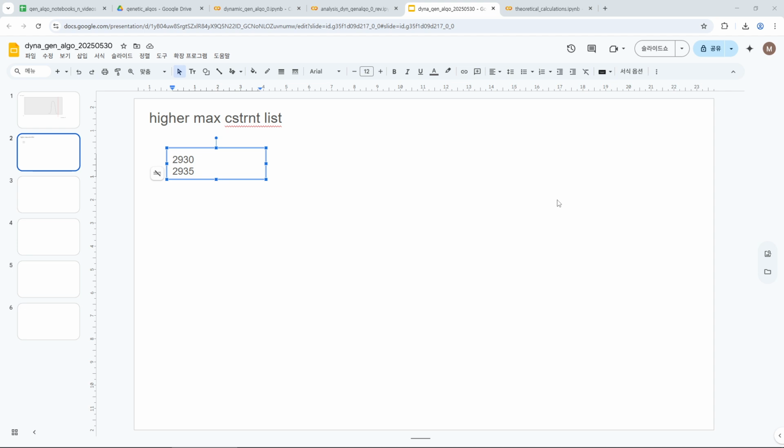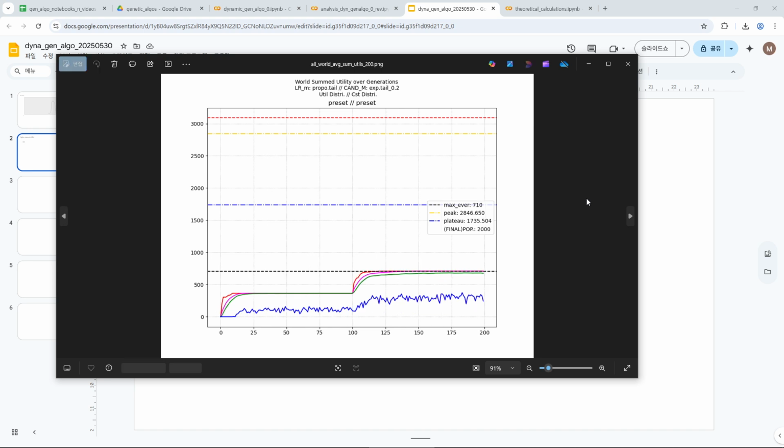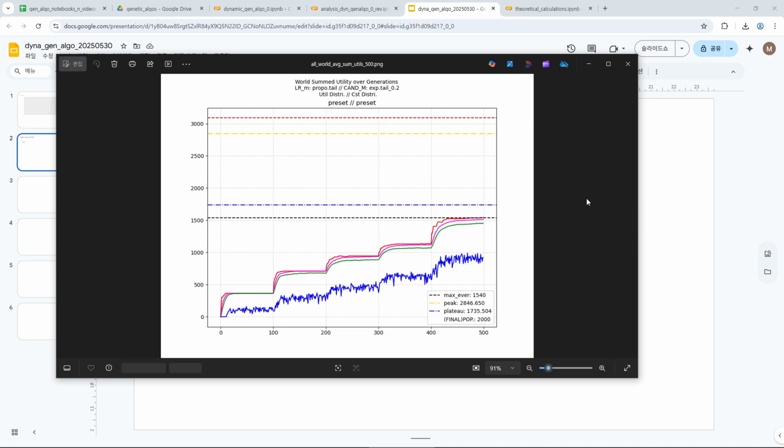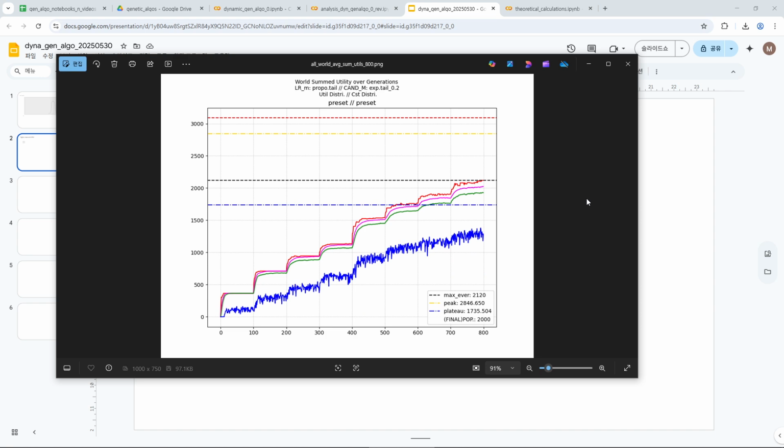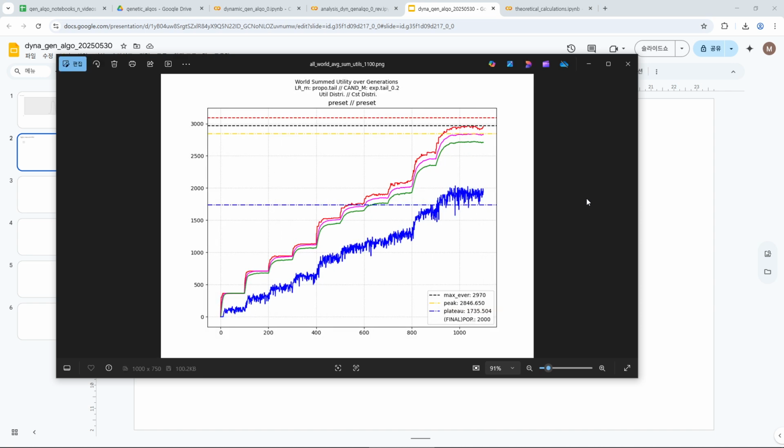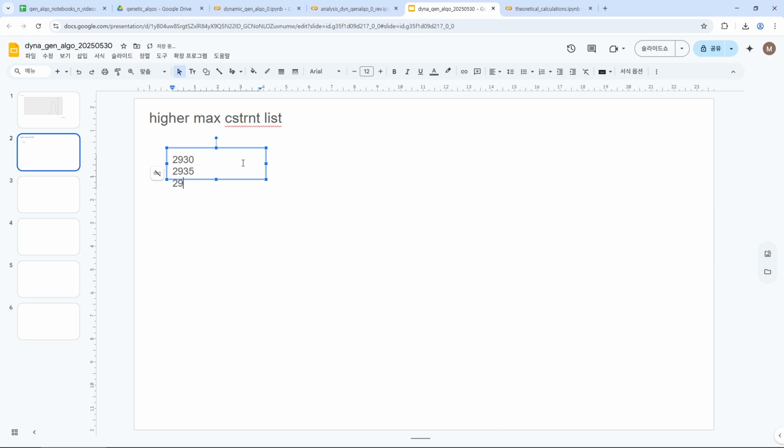There we go. And the population is still set to 2000. So 365, 710, 945, 1135, 1540, and then the last era, it scores the maximum ever is 2970. So we're getting higher values. I mean, that's progress, I think.